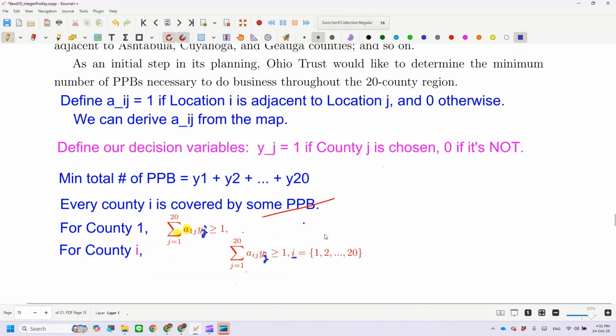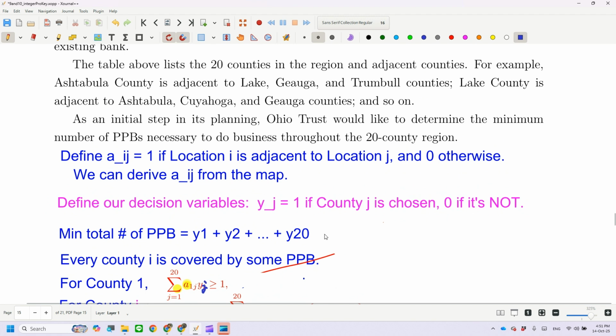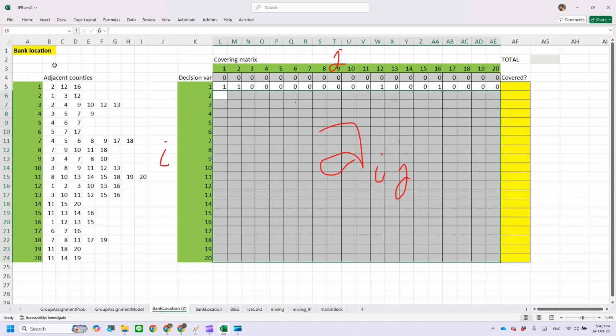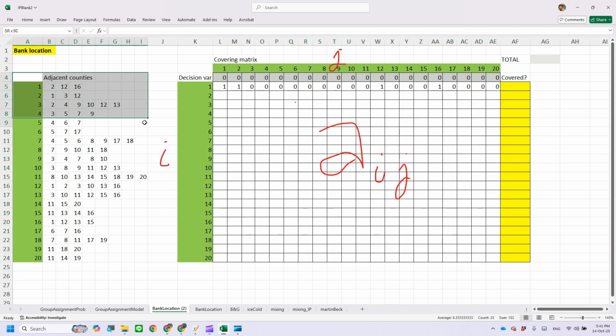Okay, so we're going to look at these problems on Excel. So here's the data from the problem. We have to first create a covering matrix. So here, we need to create the adjacency matrix Aij.